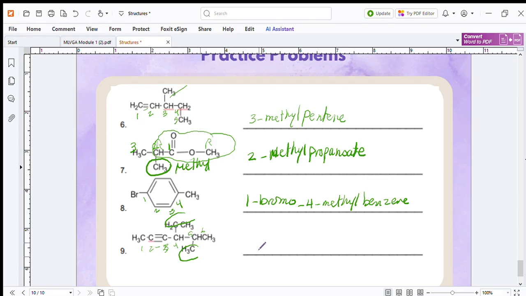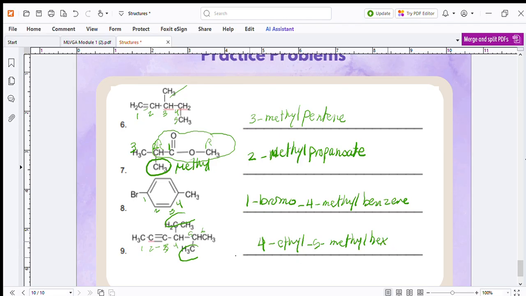So of course we'll start with the alphabetical order. Ethyl or methyl. So let's start with ethyl. So sabihin natin 4-ethyl, then 5-methyl kasi sa number 5 po siya. Then sabihin natin hex kasi 6 carbons po ang mother chain.